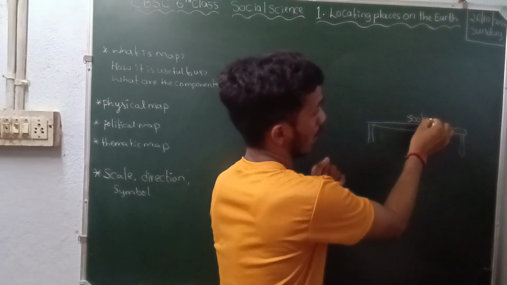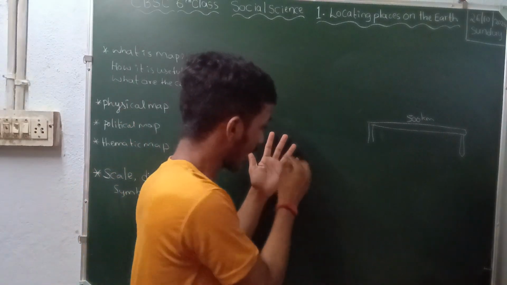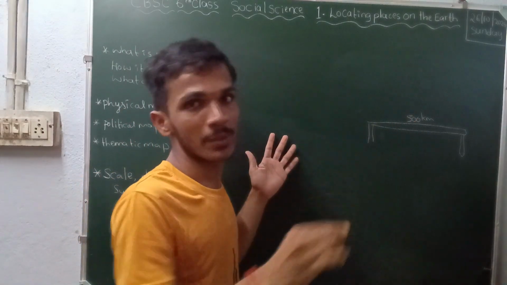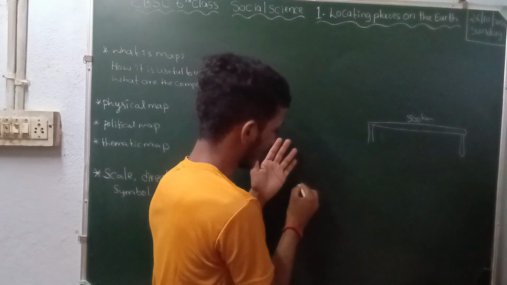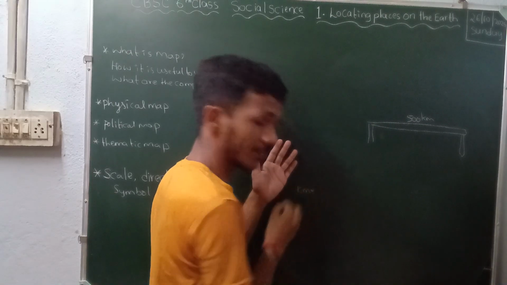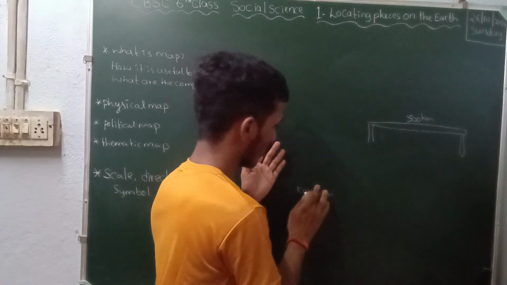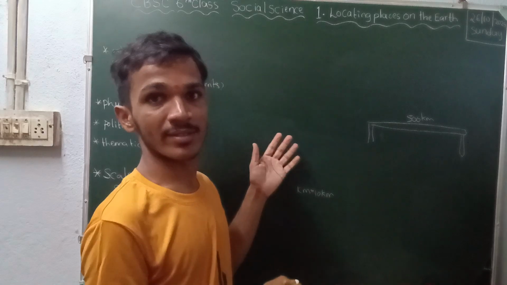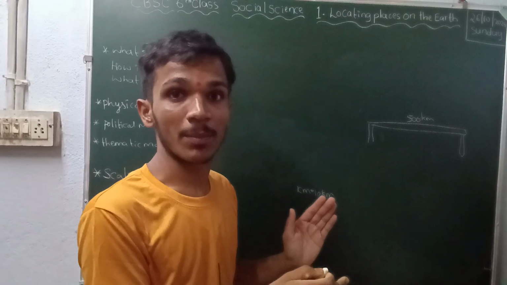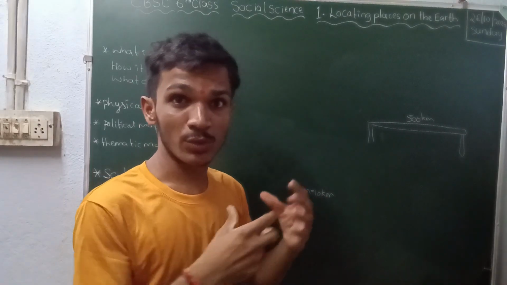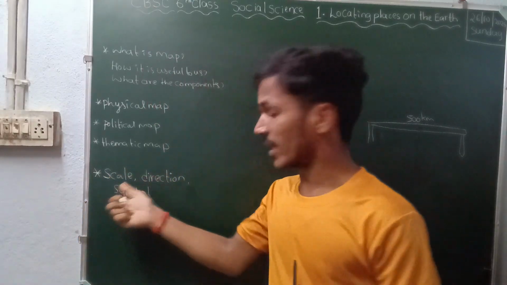I cannot draw the actual 500 kilometers on the paper. So what I would like to do is take 1 centimeter equal to 10 kilometers, or else 1 centimeter equal to 50 kilometers. Knowing the length of my paper, I will use that to draw the map. It is known as the scale.